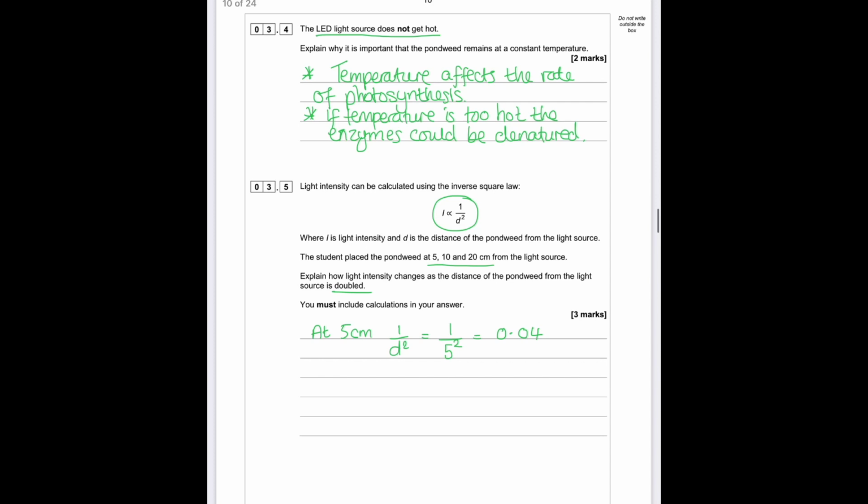And then if we double the distance, so at 10 centimetres, still using 1 over d squared, we would have 1 over 10 squared, and that would give us 0.01. So doubling the distance, light intensity is quartered.